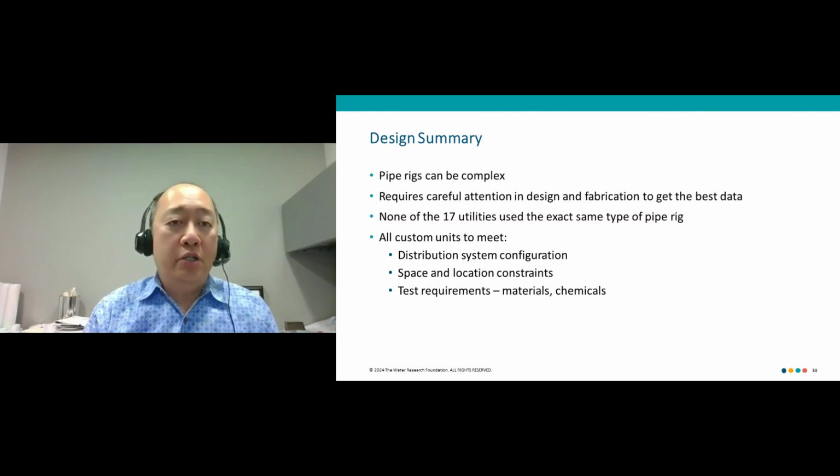They're all custom because of their site specific distribution system configuration, space and location constraints, as well as the specific test requirements, both in materials as well as in chemicals. So all that's been synthesized in the design chapter.